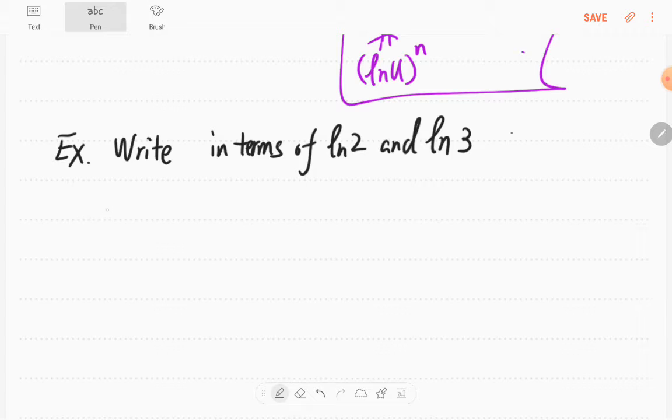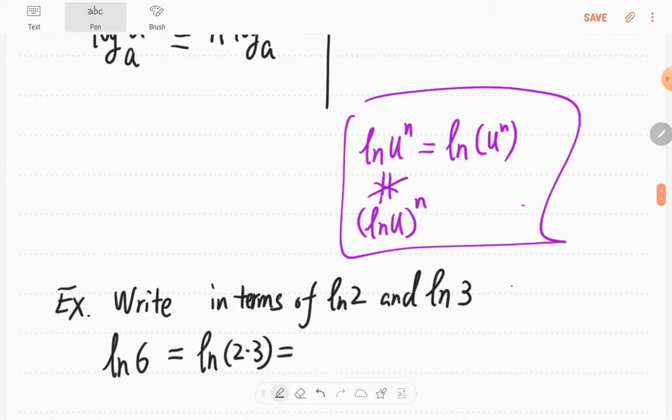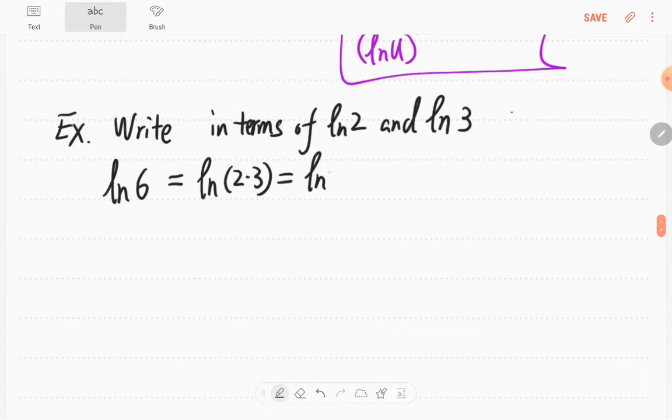For example, we want to write this natural log of 6 in terms of natural log of 2 and natural log of 3. So we notice that 6 is equal to 2 times 3, right? So using this property, this part is natural log of 2 plus natural log of 3.